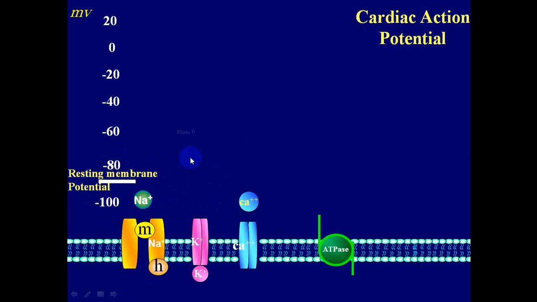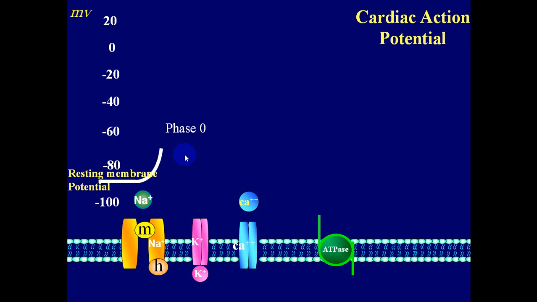And then phase 0. The resting membrane potential rises from the negative value to near -70, and at this level the myocyte will spontaneously discharge the signal.